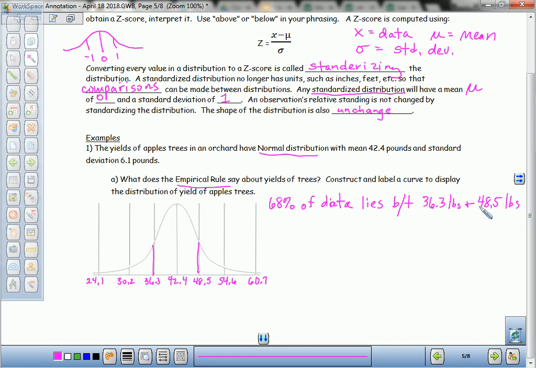All right. Now, continuing to use the empirical rule. What's our next big number from the empirical rule? 95. So 95% of the data lies between 30.2 pounds and 54.6 pounds.